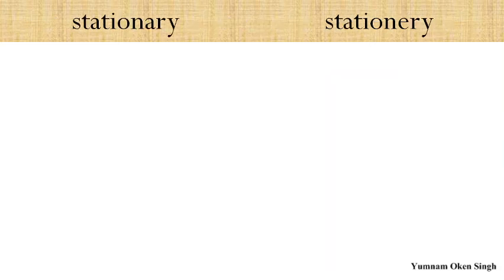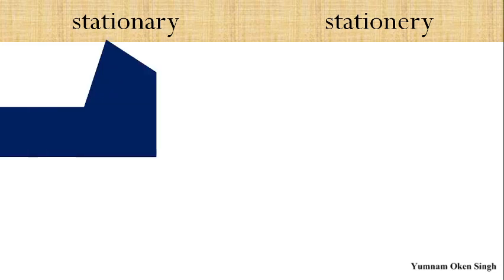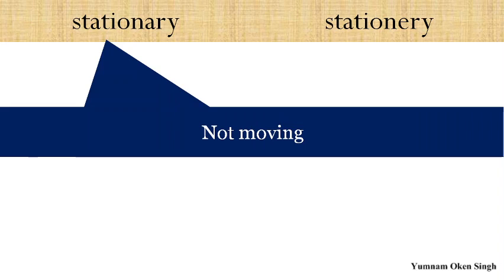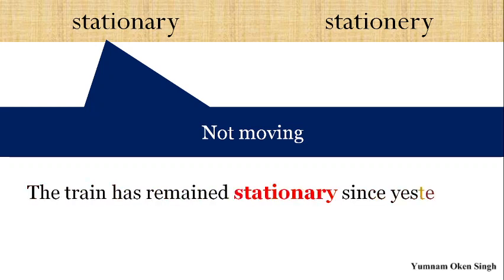Now let's come to these two words, stationary and stationery, one ending with N-A-R-Y and one with N-E-R-Y. The first one, stationary, means not moving. Let's see an example here. The train has remained stationary since yesterday.